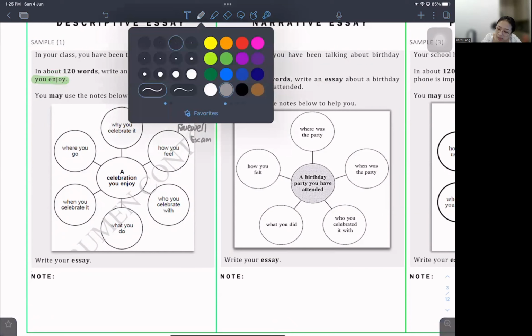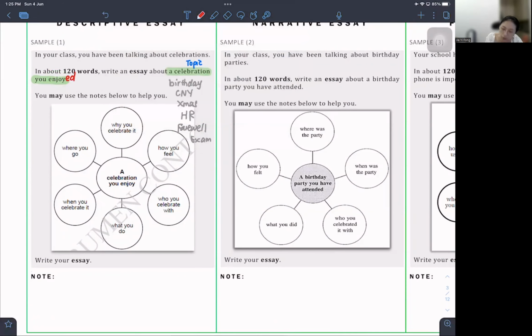Unless I write a celebration you enjoyed, then I can talk about things that are already over, things that only happen one time. But the fact that it doesn't have a past tense, it must happen annually, every year or every month, every semester. So in this manner, I think exam celebration is fine because exams consistently happen. But remember, we cannot talk about a celebration that only happened one time.